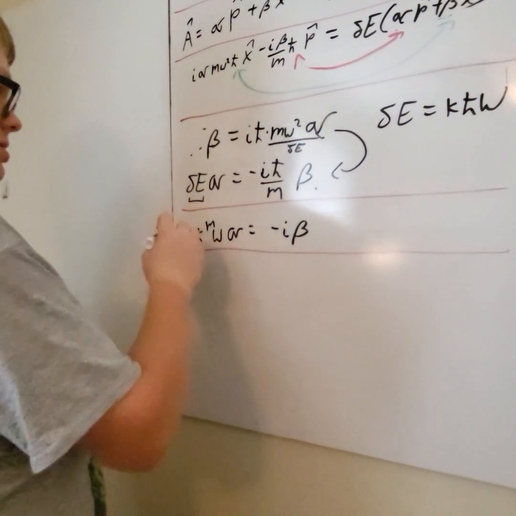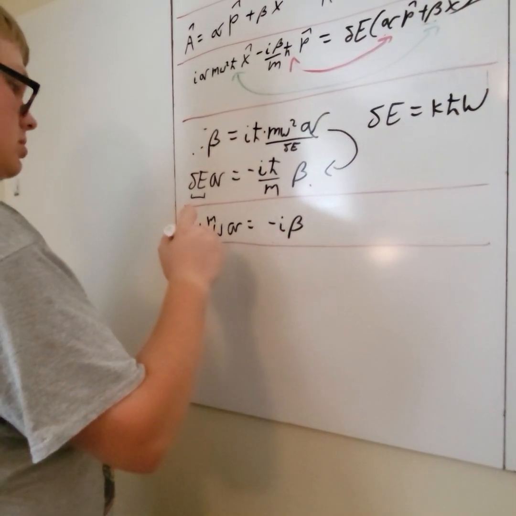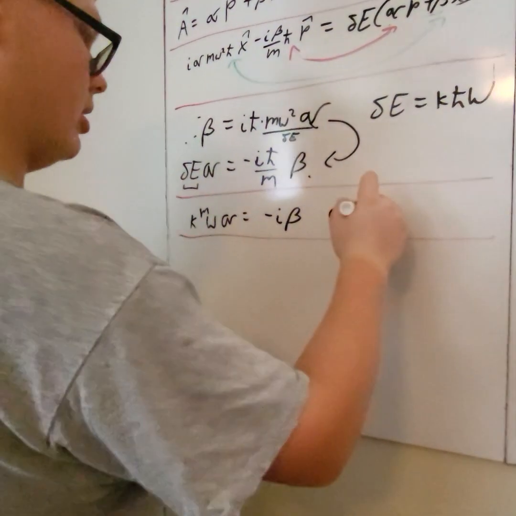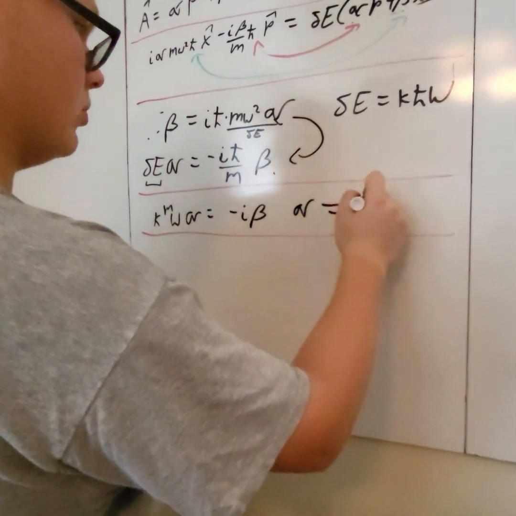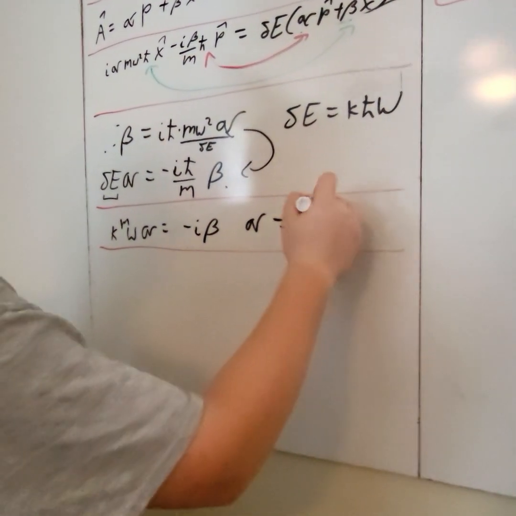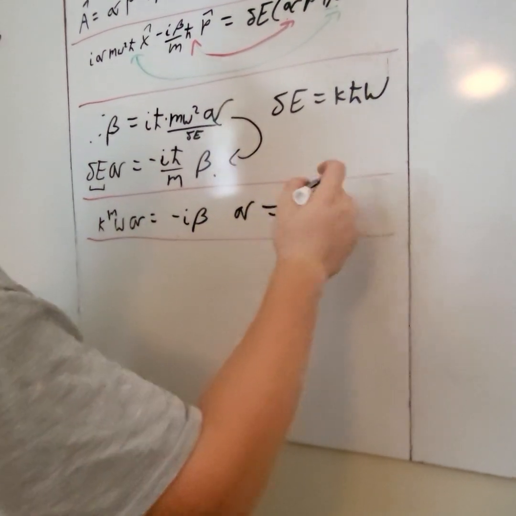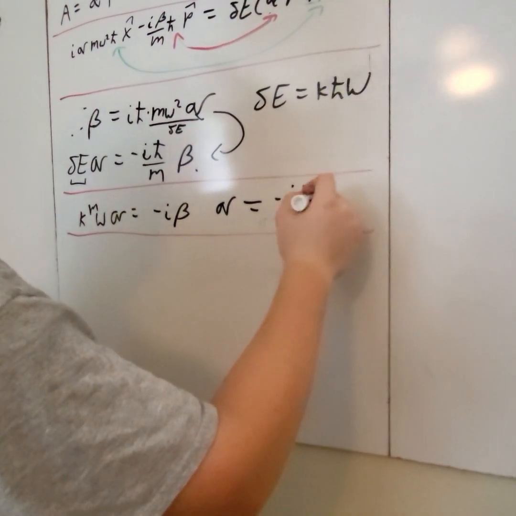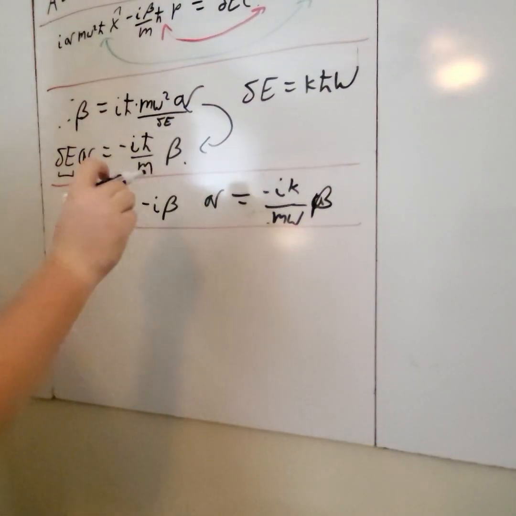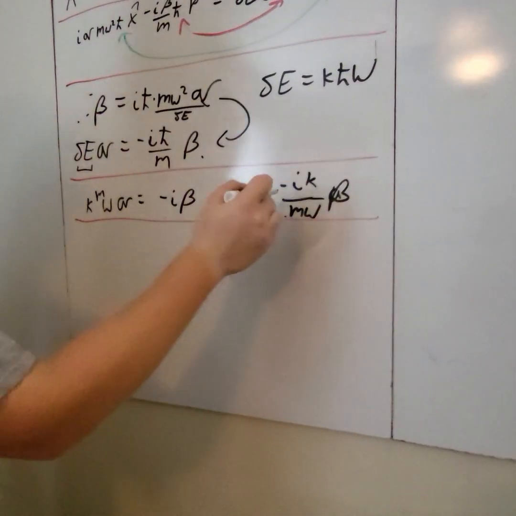You can pull out the k m omega and say that alpha equals negative i over k, and 1 over k is just k, because it's either negative 1 or 1 in our situation, times m omega beta. That forces our alpha and beta to have a relation.